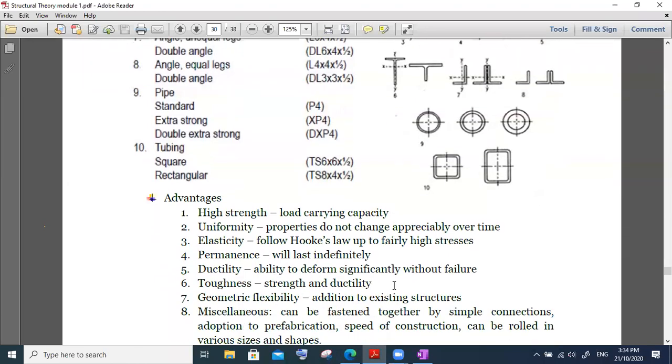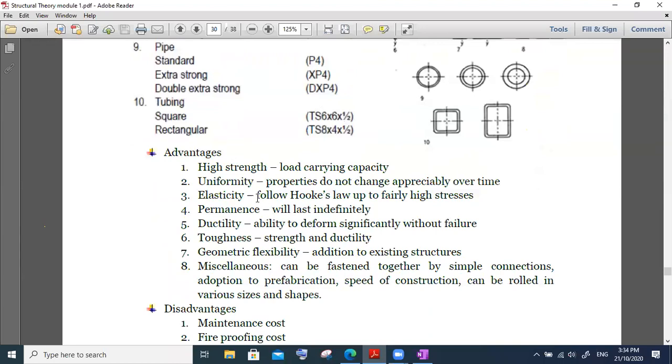Its advantages: it is high strength, of course. High strength means load-carrying capacity. Uniformity: properties do not change appreciably over time, so if its shape is a channel, years later it is still a channel. Elasticity: it follows Hooke's law up to fairly high stresses.